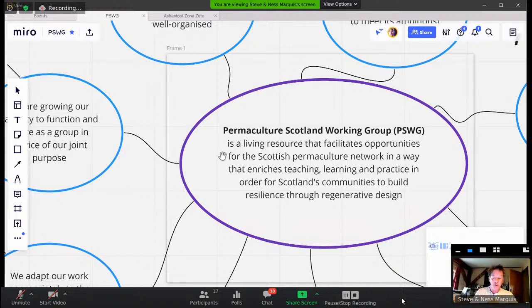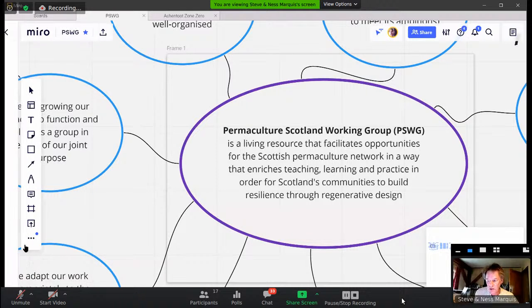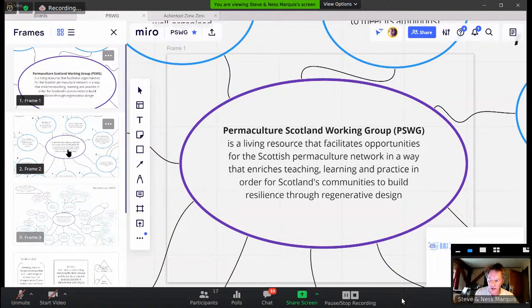So it's a living resource that facilitates opportunities for the Scottish Permaculture Network in a way that enriches teaching, learning and practice in order for Scotland's communities to build resilience through regenerative design. It's a big one. You have to take a deep breath before you read it out, but it gives us our direction, if you like.